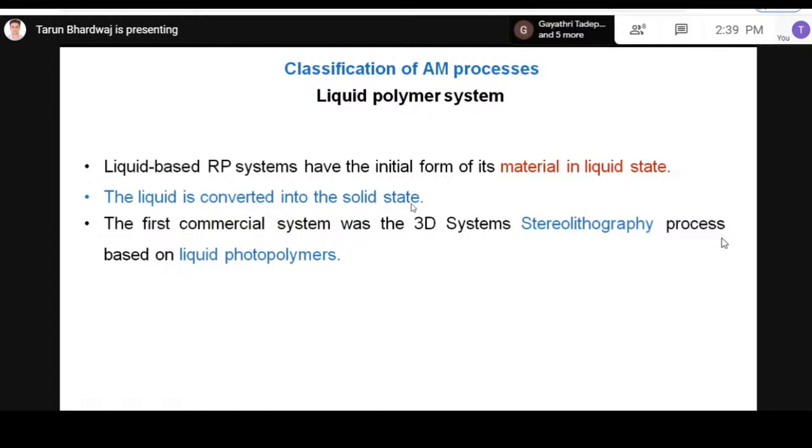Just like in photosynthesis we have a sunlight source, here we start with photopolymerization. This means the polymers are converted into chains by some source, so as the name suggests, photopolymers, and the process is photopolymerization. We photopolymerize liquids and convert them into a solid. That process we call the stereolithographic process.